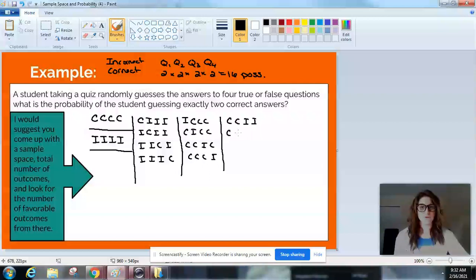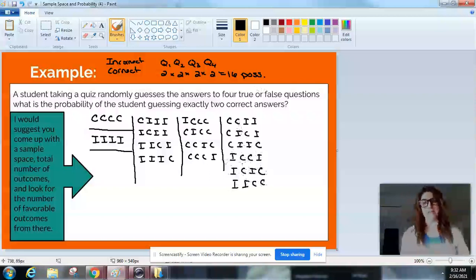I can get the first one right and maybe the third one right. Or maybe the first and the last. That's one setup. I could maybe get just the second 2 correct. Or maybe the second and the fourth correct. Or lastly, maybe just the last 2 correct. And this should be 6 then: 1, 2, 3, 4, 5, 6 out of all of them. That adds up to my 16.